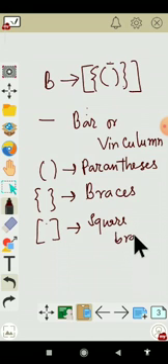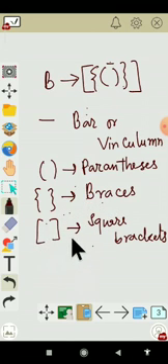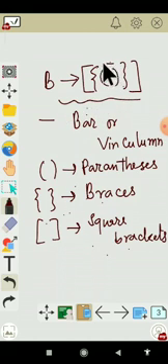So we do the bar work first, then the first bracket or parenthesis, then braces, then square bracket.